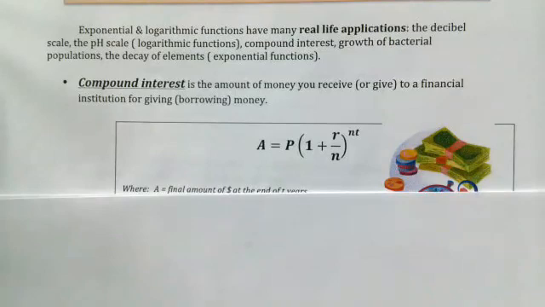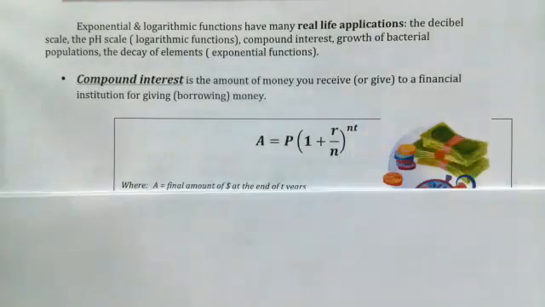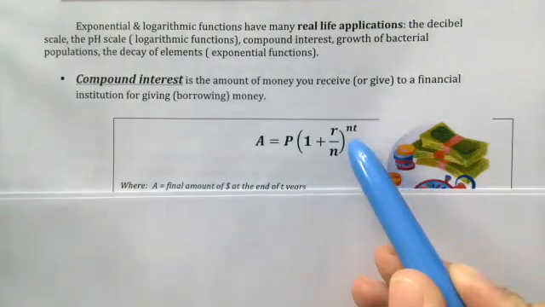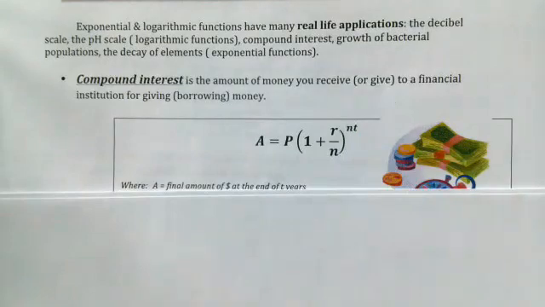The way that the money grows is based on this formula, where A is the amount at the end of a certain time period, P is the principal that's being invested, and then we have this 1 plus R over N as the base of a power, where R is the interest rate as a decimal, N is the compounding period, how many times a year that interest gets to be applied, and that N appears again in the exponent of that power, and T is time in years.